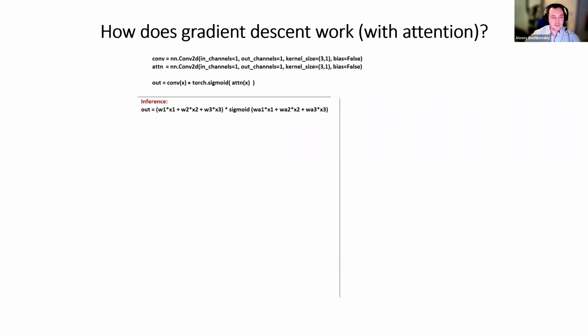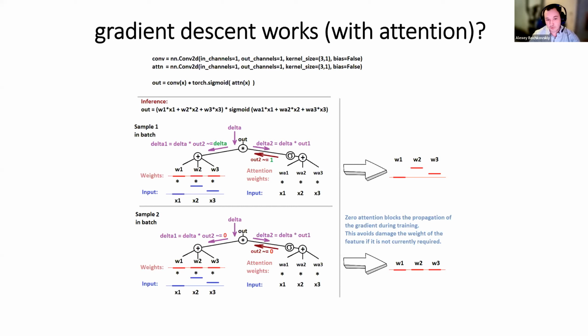And how does it work and how does it help? During inference, if attention is 1, then it doesn't do anything. But if attention is 0, it blocks unnecessary activation, so it helps to avoid some unnecessary predictions. While during training, for backpropagation, if attention is 1, it doesn't do anything.